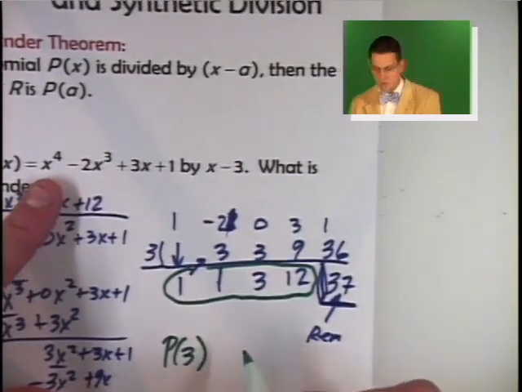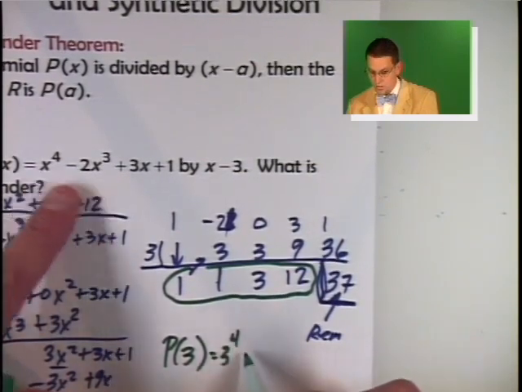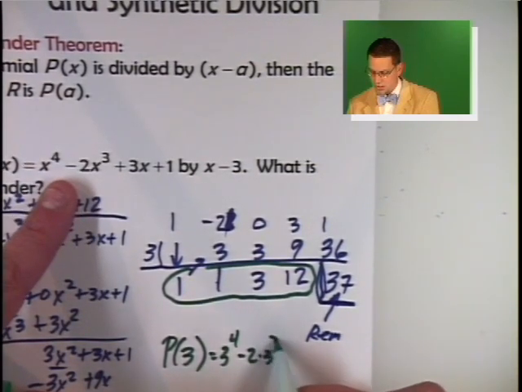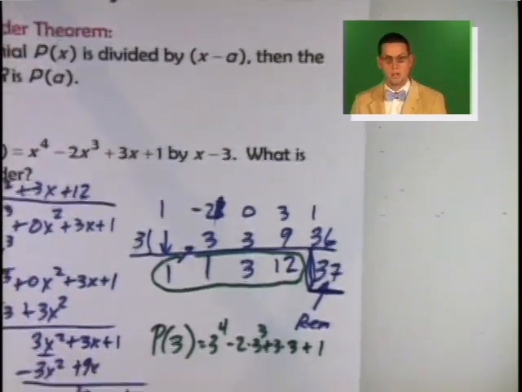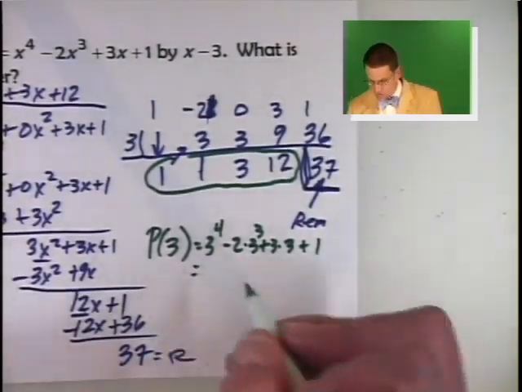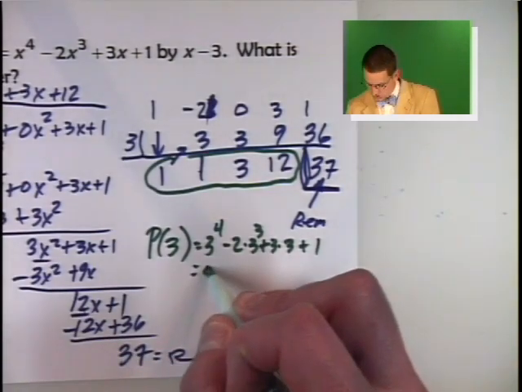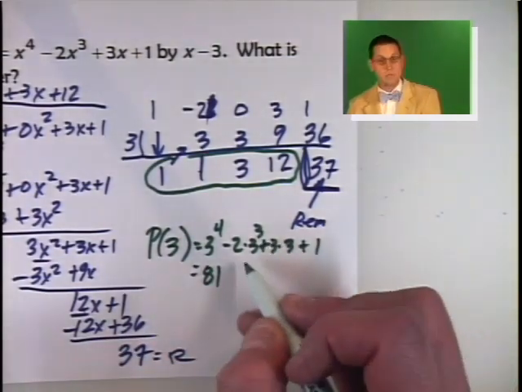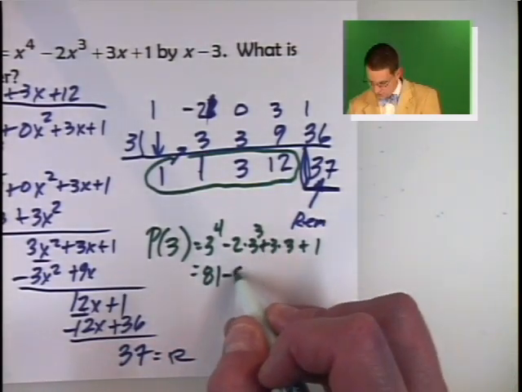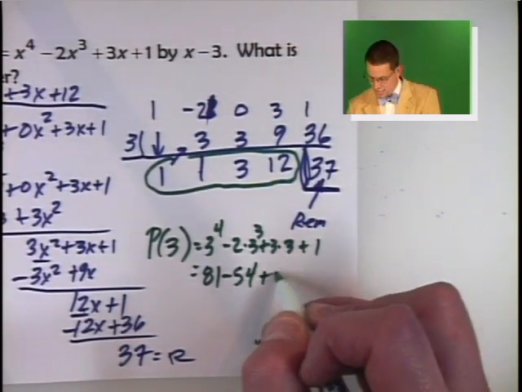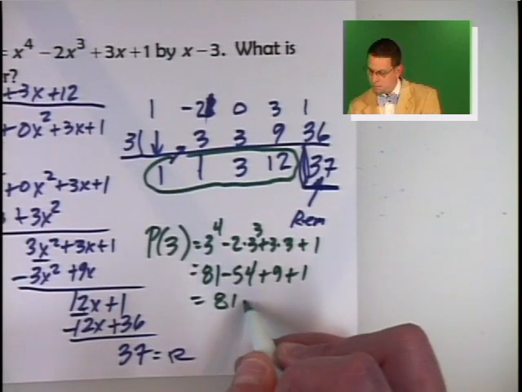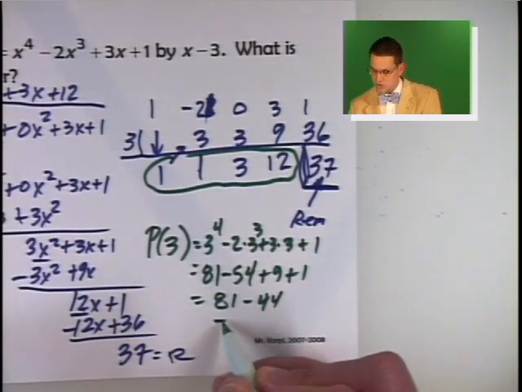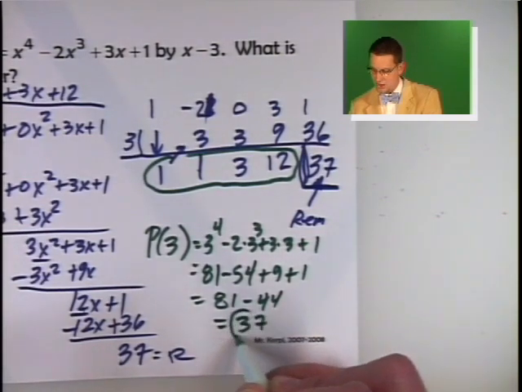Well, if you look up here, it's going to be 3 to the fourth minus 2 times 3 cubed plus 3 times 3 plus 1. And all we have to do is evaluate that. Well, 3 to the fourth is going to be 9 squared, which is 81. I get 3 cubed, which is 27 times 2, which is negative 54, plus 9 plus 1. So that's going to be 81 minus 44, which guess what, is 37.